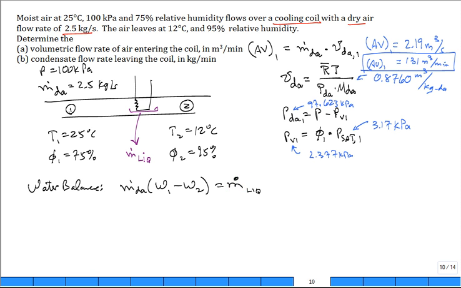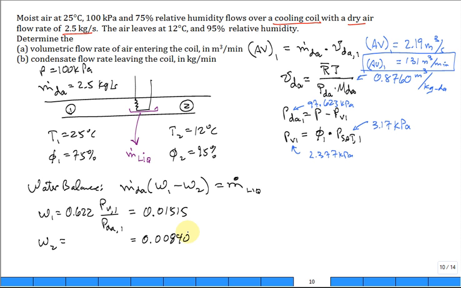So we need to calculate omega 1: 0.622, pressure vapor 1 divided by pressure dry air 1. We calculate it's 0.01515 dimensionless, or kilogram vapor per kilogram of dry air. Omega 2, similar equation, similar work. You calculate it's 0.00840.